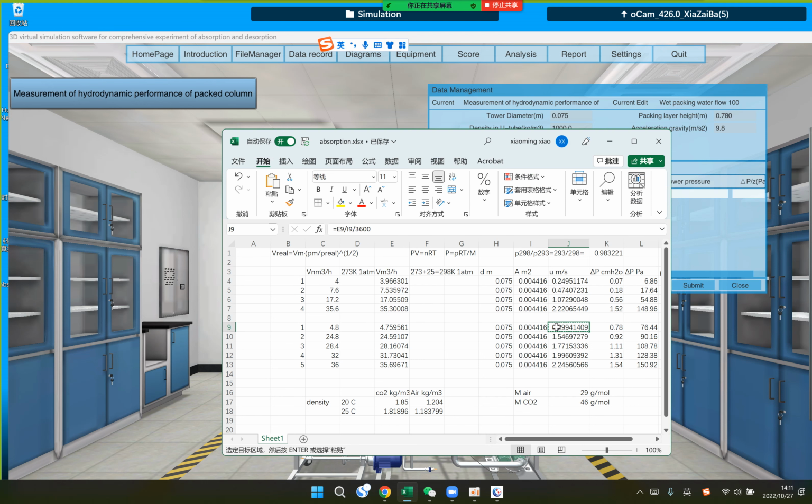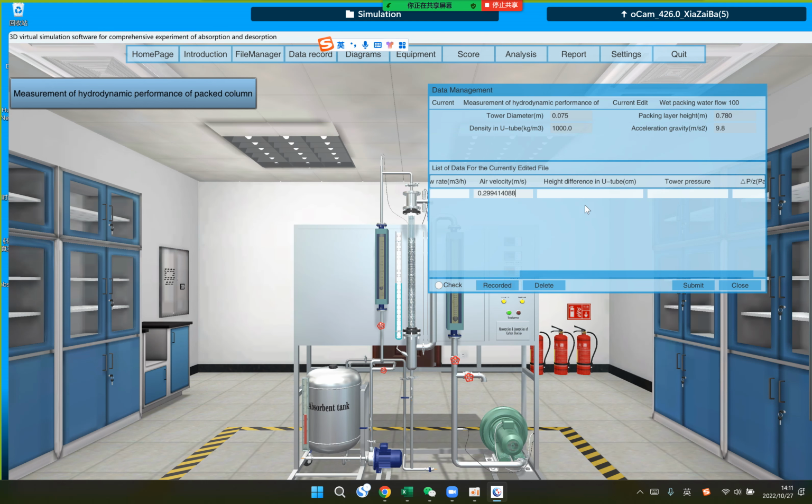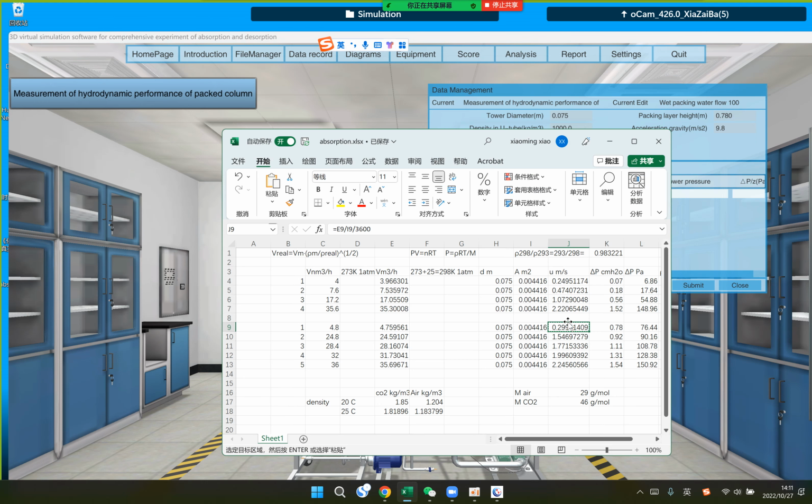And the air velocity is similar in the calculation process. As you may find, the height differences or the pressure drop has increased or not. When it is close to 4 cubic meter per hour in the dry experiment, the pressure drop is about 0.07 centimeter H2O.